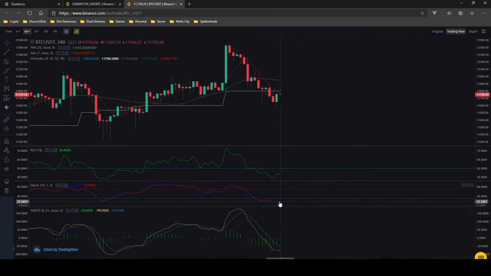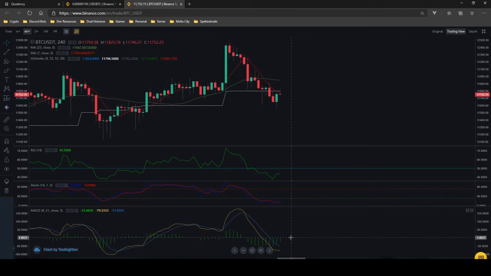Now with the MACD, the histogram is more what you want to look at. It gives you a better understanding than all this. If you look at these lines here, it still shows it's in a downtrend, but not much movement, whereas the histogram shows it's starting to come back up, but it's not flipped yet, has it?